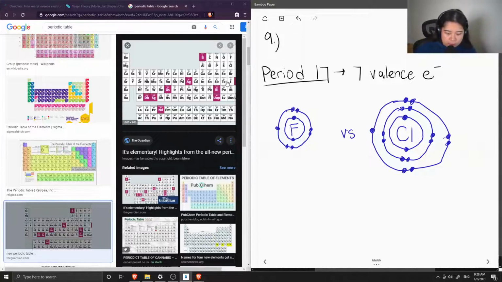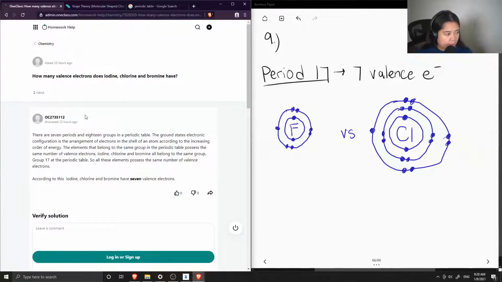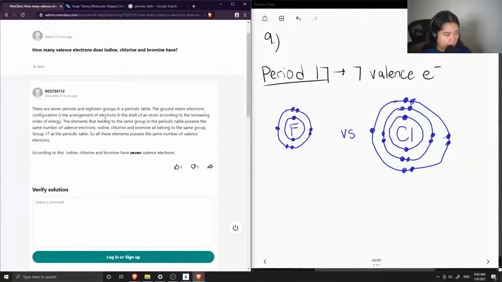So let's see what the junior tutor said. There are 7 periods and 18 groups in a periodic table. The ground state's electronic configuration is the arrangement of electrons in the shell of an atom according to the increasing order of energy.